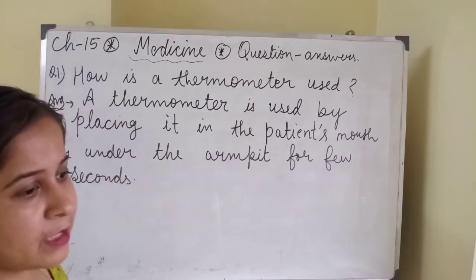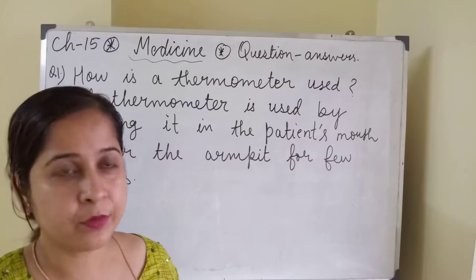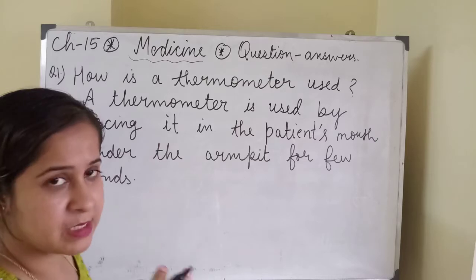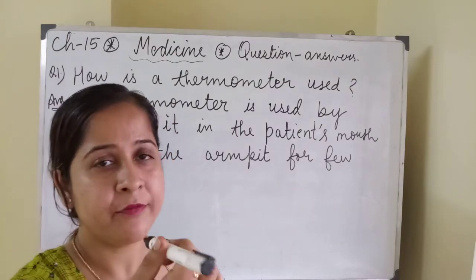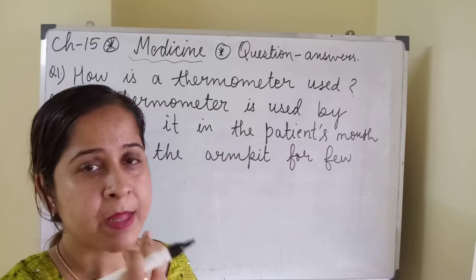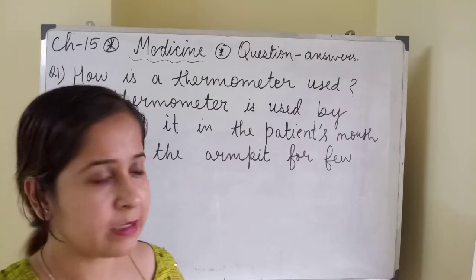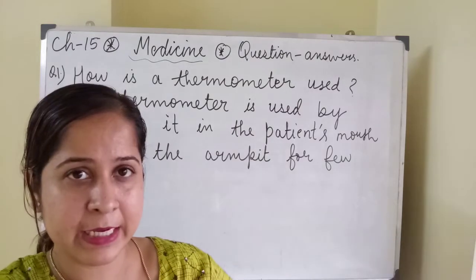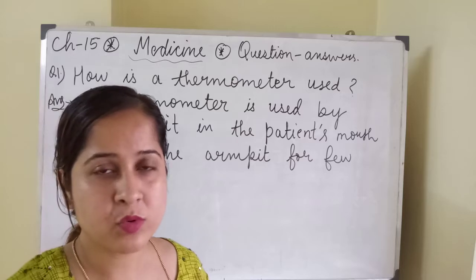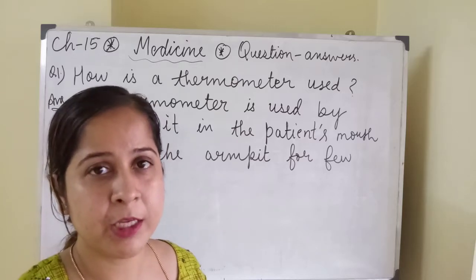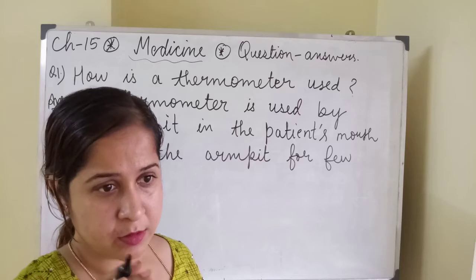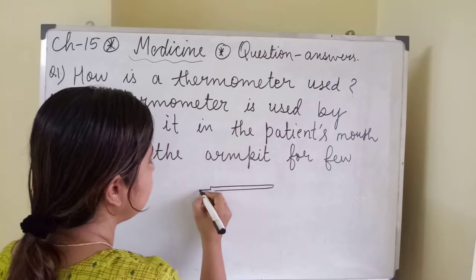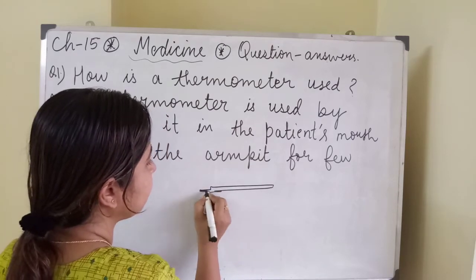What does it mean, how is a clinical thermometer used and how does it work? A thermometer is used by placing it in the patient's mouth, under the tongue. Or if the child is very small, we can place it under the arms. These are two safe places where we can keep the thermometer. Suppose this is a thermometer and this is the bulb where mercury is filled.